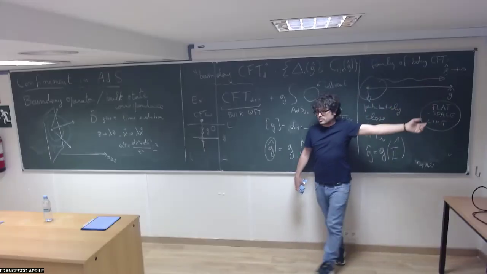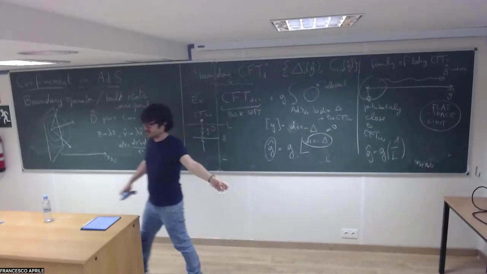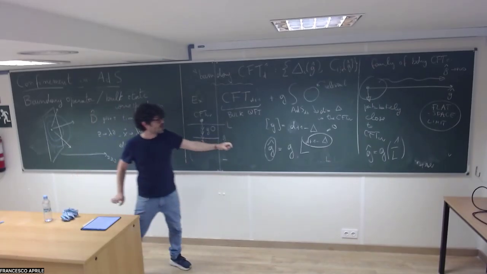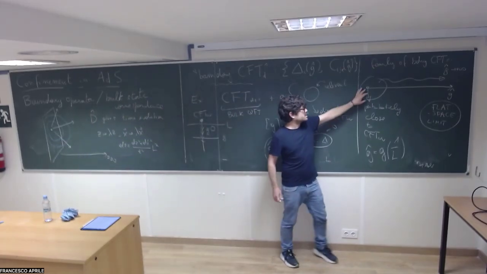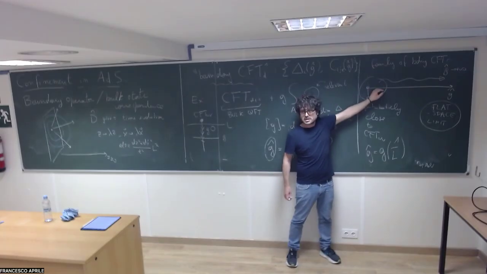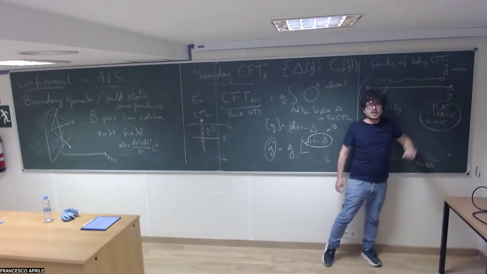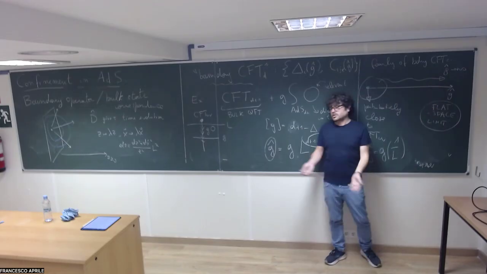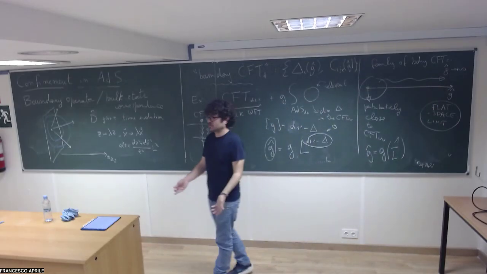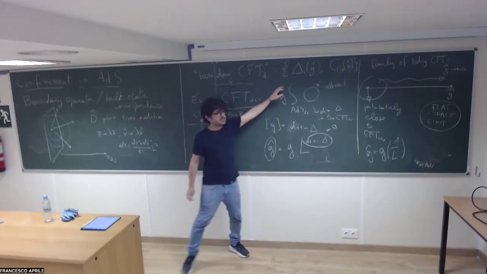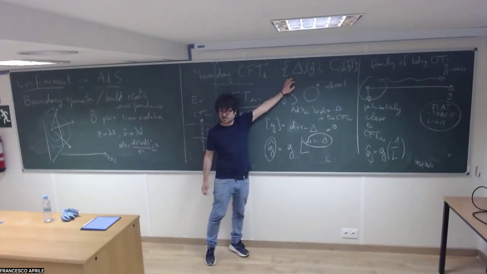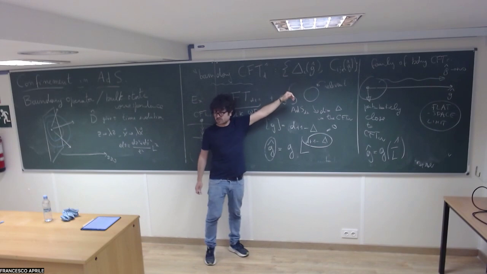So what to use depends. Whenever there is a scale, you can expand. But you can also think about it as having this family of CFTs and wanting to study it as this coupling becomes larger. Techniques that you can use are, for instance, the numerical conformal bootstrap. You can hope that maybe you're able to see this family of solutions of the bootstrap equations. That would be one way to go to strong coupling.